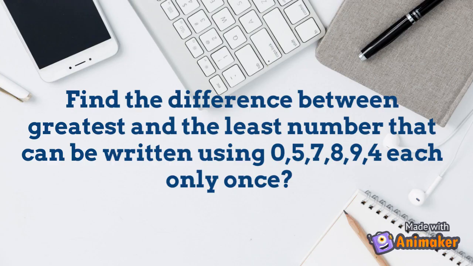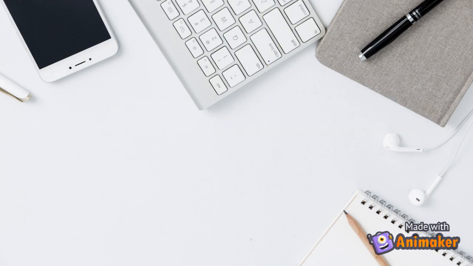Now the next problem sum. Find the difference between the greatest and the least number. Least means smallest. The numbers can be written using 0, 5, 7, 8, 9, 4 each only once. That means with the help of these digits you have to make the greatest number and the smallest number. After that you need to subtract simply.